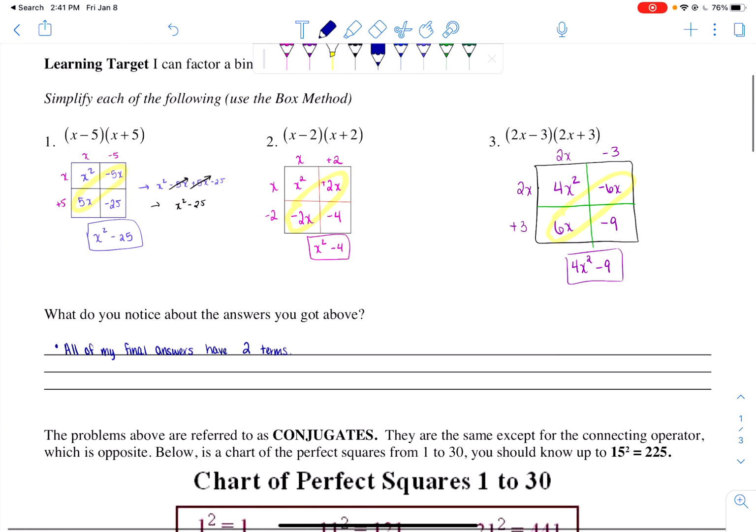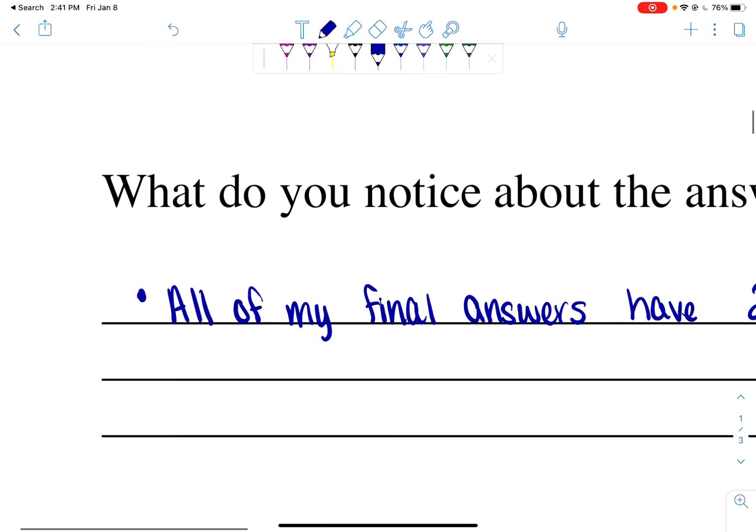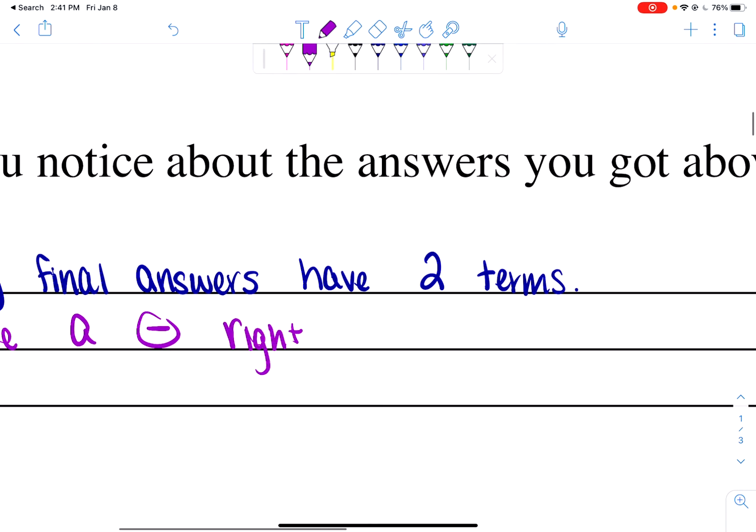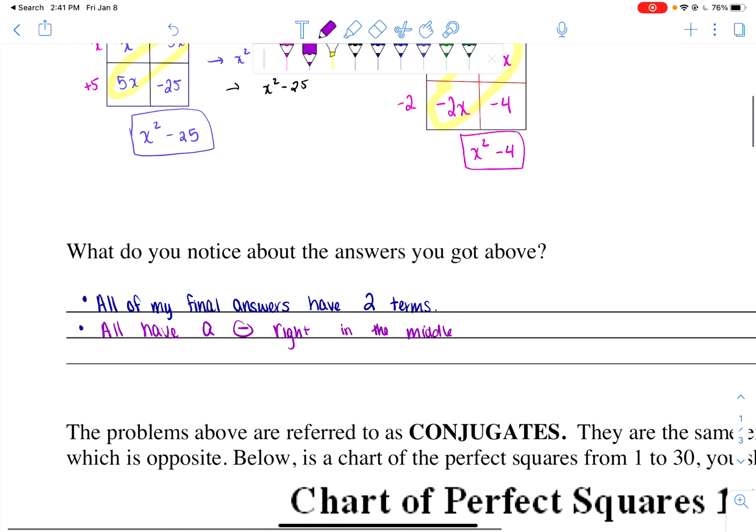And if I look, they all have a minus sign right in the middle. And then I notice something else. They're all perfect squares. And what I mean by perfect squares is I can take a number and multiply it by itself to get that.